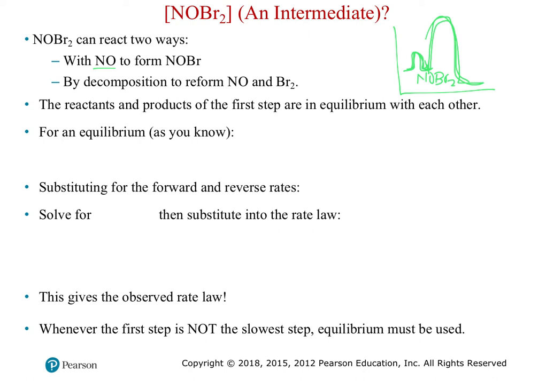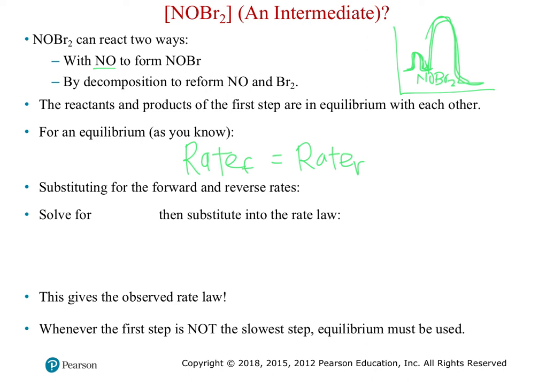So for equilibrium, the rate forward equals the rate reversed. So the forward rate in this first step is going to be equal to the reverse rate. So they're going to be happening simultaneously. So what we can do is solve for our forward rate.